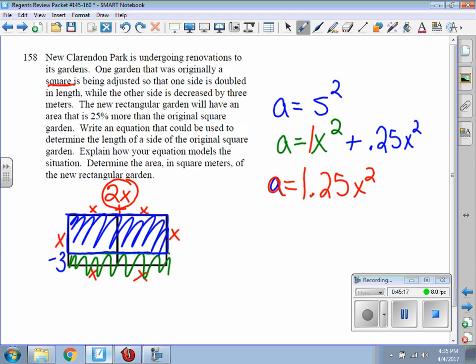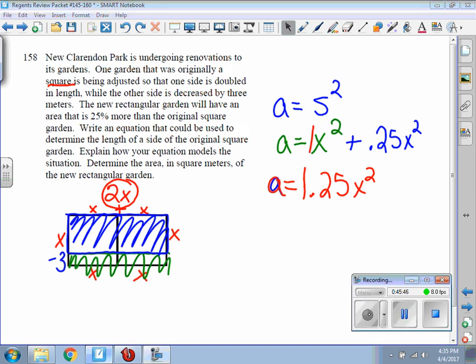Okay, this has gotten me some different information that I now have to use. So let's see, write an equation that can be used to determine the length of a side of the original square garden. The original square garden, that was x. So I have to solve for x. Okay, area is length times width.